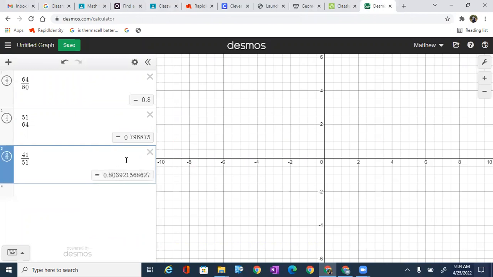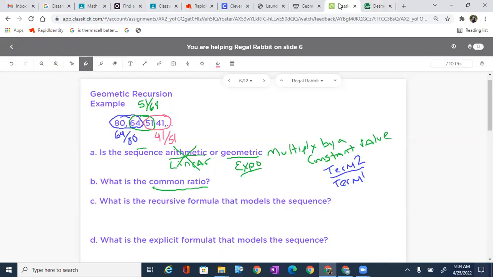Guess what? There's 0.8 again. So it looks like every single time we do this, we get approximately a multiplier of times 0.8. So our common ratio is simply 0.8. And what that means is we are retaining 80% from one value to the next.